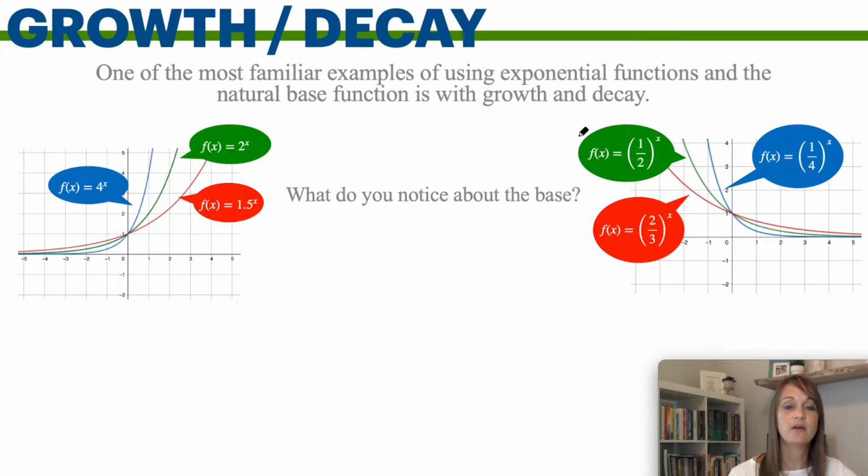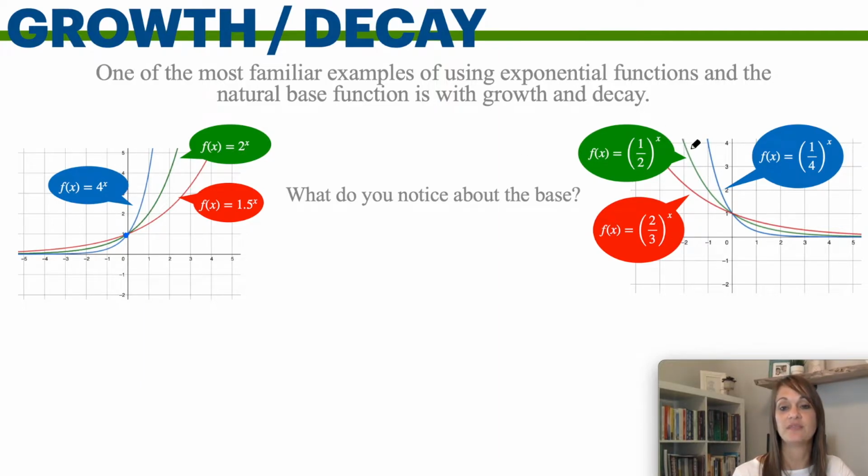So if you think about growth and decay, one of the familiar examples is what happens if you have money that is put into an interest rate and it is going to grow, or if you have a radioactive element and it is going to decay. This is where you would notice that things are going to grow, like the population doubles or grows by a certain percent.